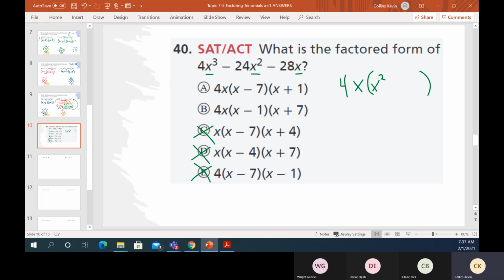Then minus 24 divided by 4 is minus 6, right? And then x squared divided by x is just x, right? And then minus 28x divided by 4x is going to be minus 7. The x's cancel out. All right, so it's going to be 1 plus 1 minus. That doesn't help us. But since this is a negative 6, the bigger number is going to be negative. So congratulations, Chloe. You are correct.